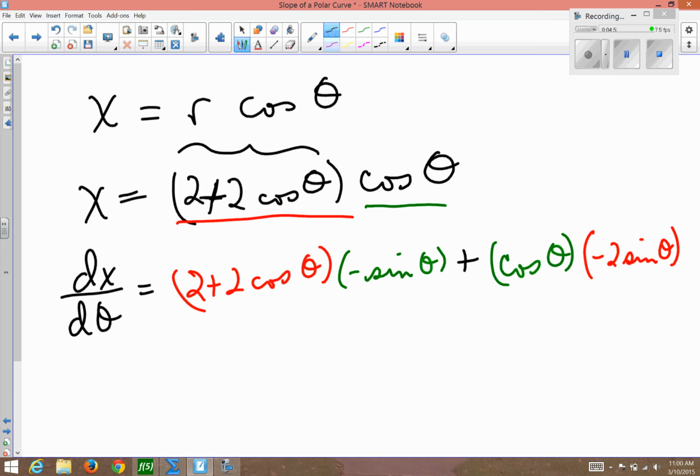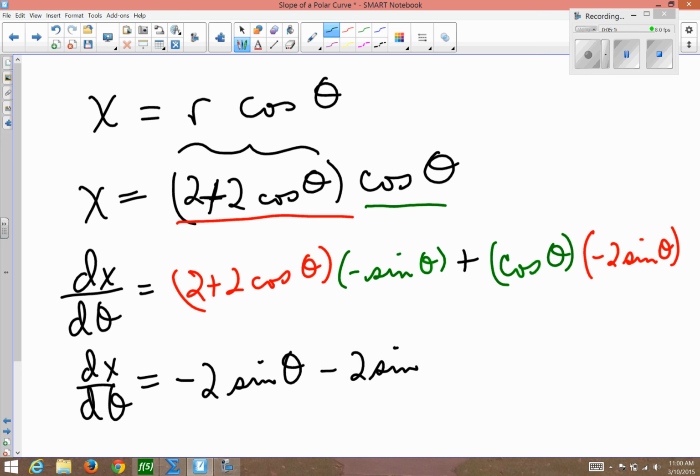So I underline two things here, red and green. The derivative is the first, which is red, times the derivative of the second, plus the second, which is green, times the derivative of the first. The derivative of x with respect to theta, without parentheses, is negative 2 sine theta, negative 2 sine theta cosine theta.